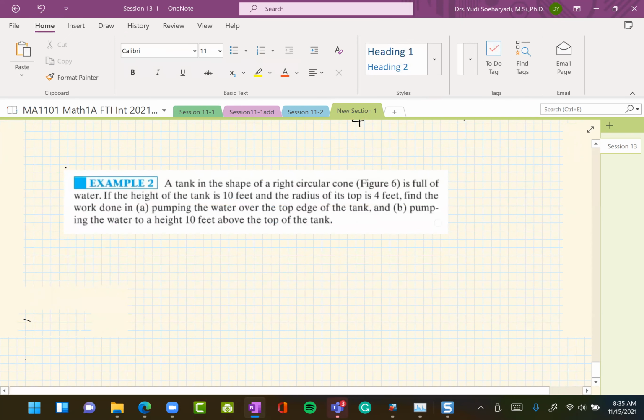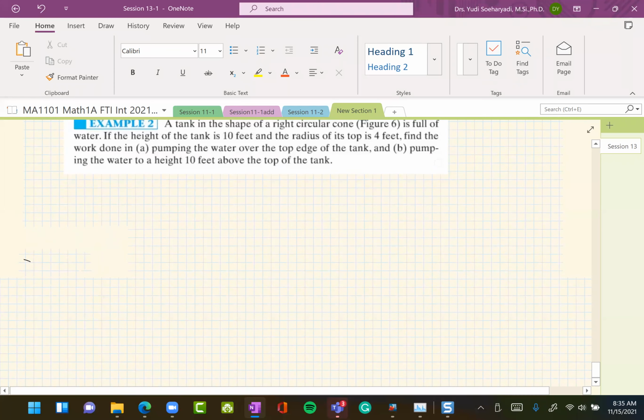This is the situation. You have a tank in the shape of a right circular cone, full of water. If the height of the tank is 10 feet and the radius to the top is 4 feet, find the work in pumping water over the top edge of the tank. Let's see.